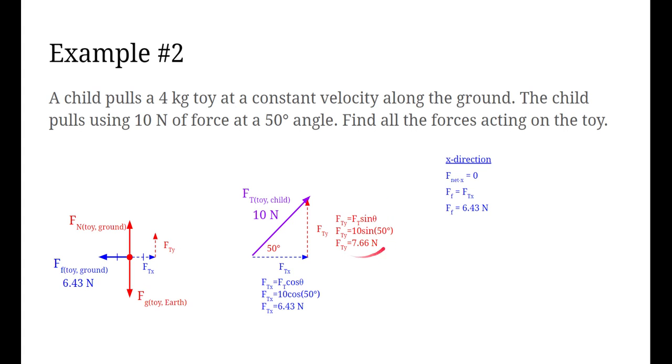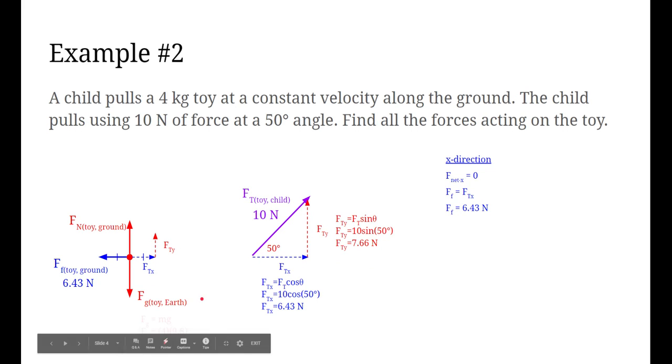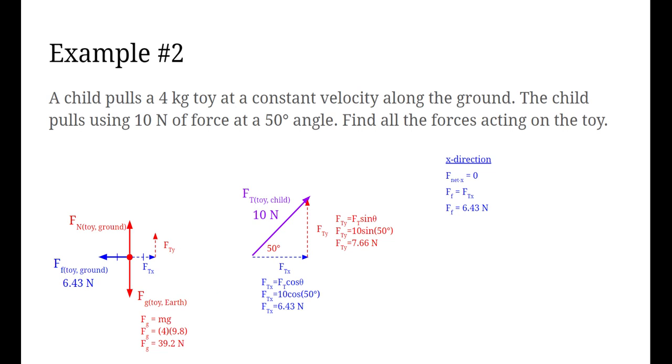We know that we can find the y component of the tension force by multiplying the full tension force times sine of the angle. And we know that we can find the gravitational force acting on the toy by using our equation. Sorry about those tools there. So the mass of the toy times 9.8.